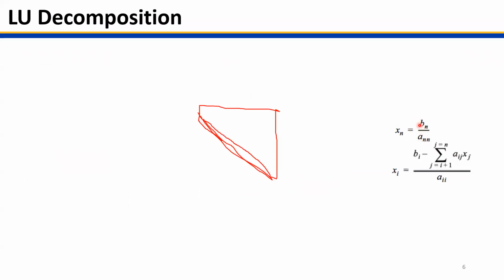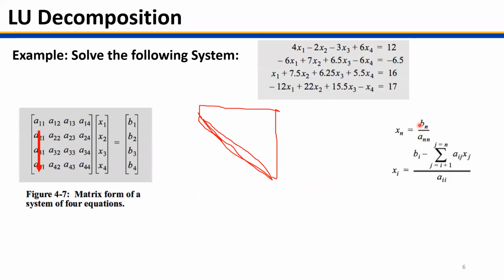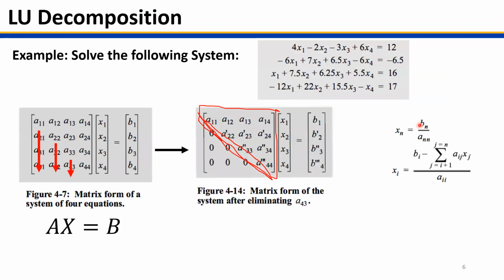So what is xn? It's the solution to the nth value, right? So that's the last element. And then once you know that, what is this procedure called? Yes, back substitution, okay? So we're back substituting.